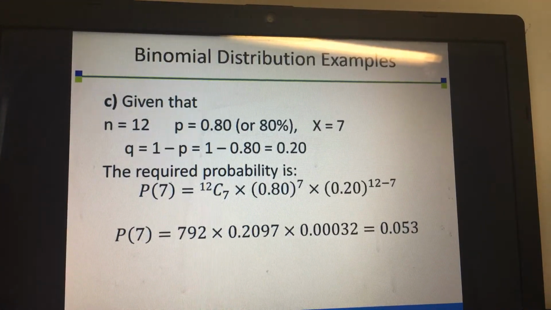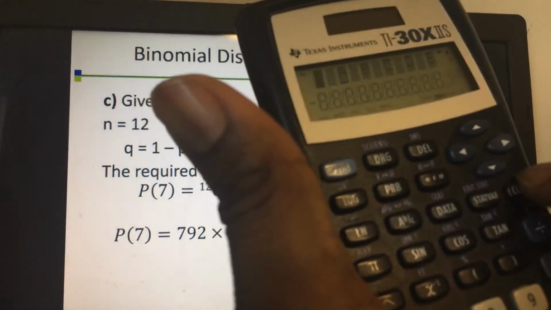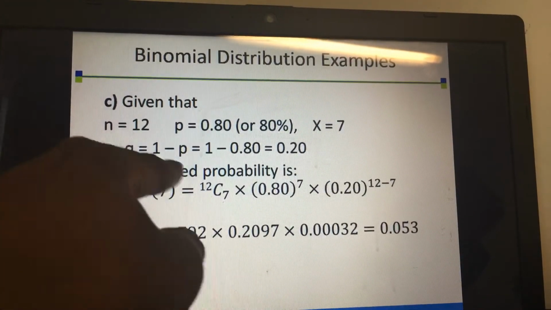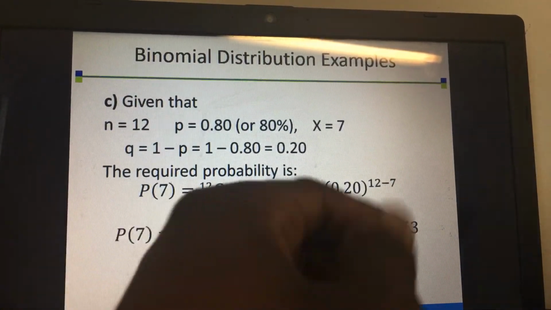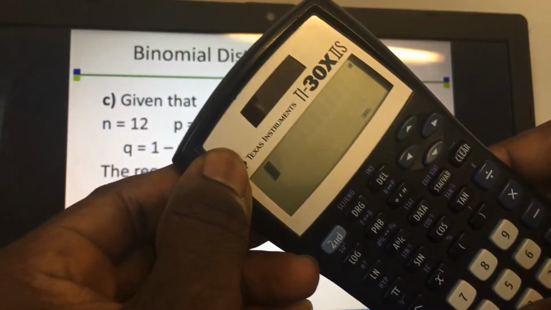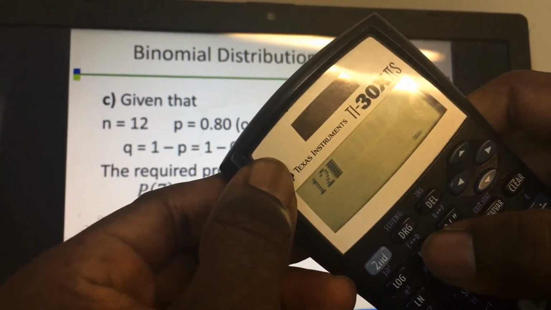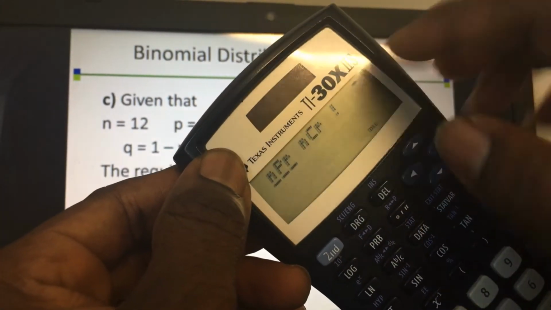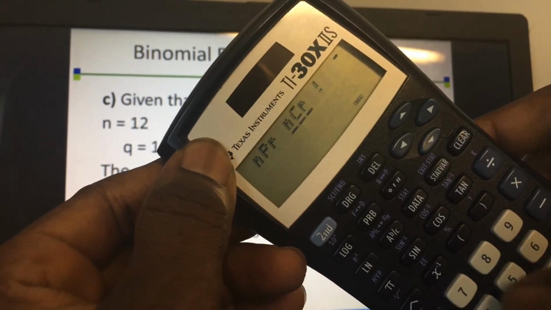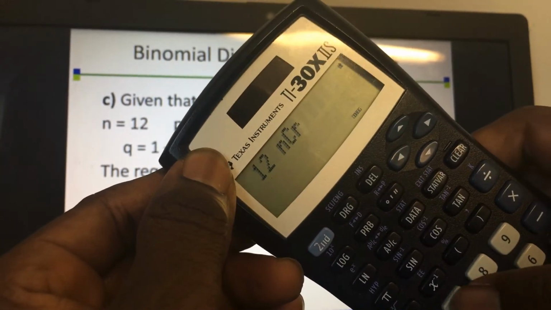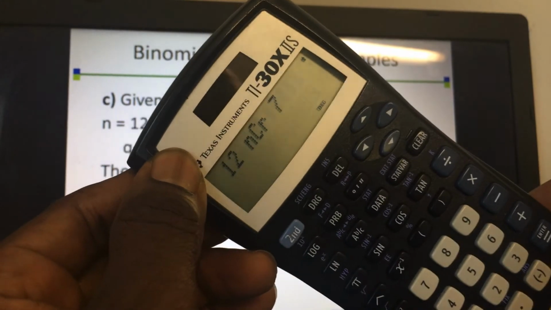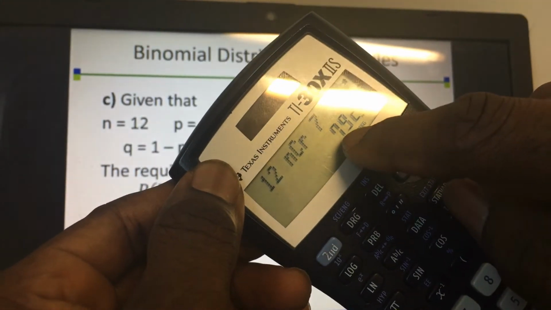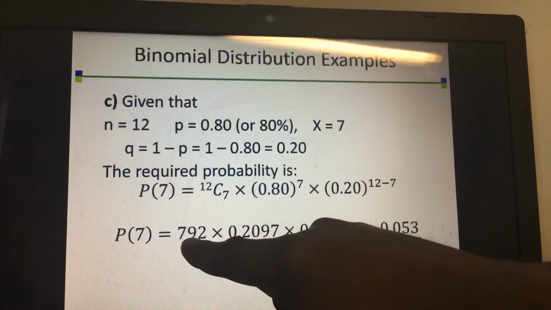So the probability of getting exactly 7 is 12 combination 7. So we got 12. Press PRB. Go to combination, 7. Press the enter key, then put 7. Press the enter key again. It's 792. You can see right here.